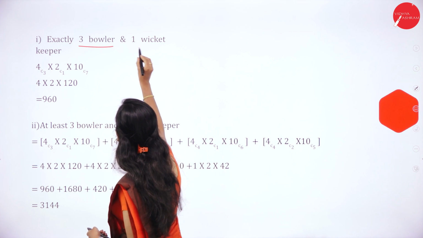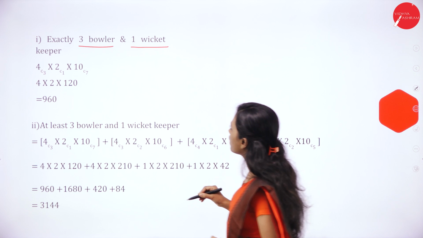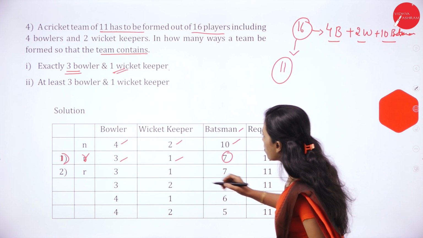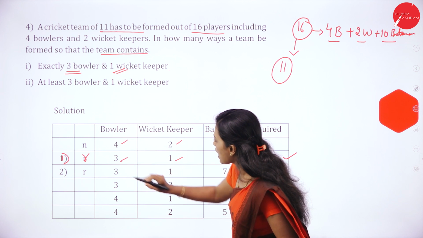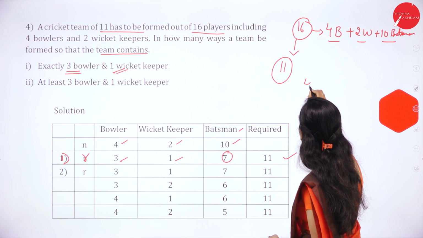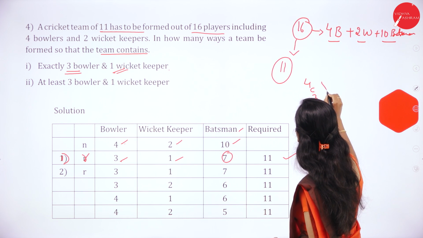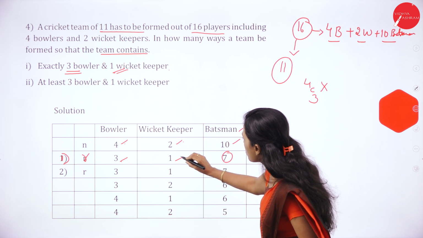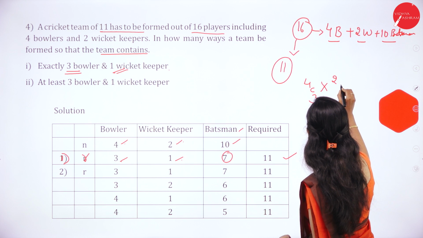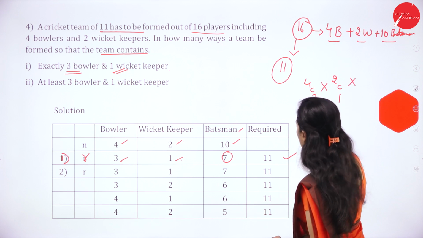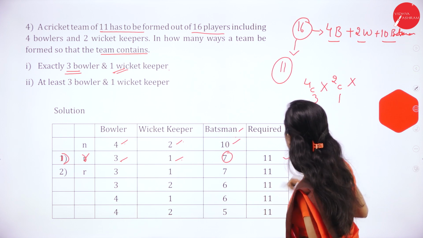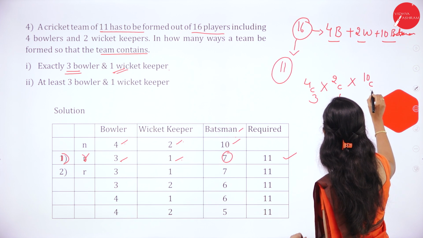Exactly 3 bowlers and 1 wicket keeper. So the equation will be 4C3 into 2C1 into 10C7.